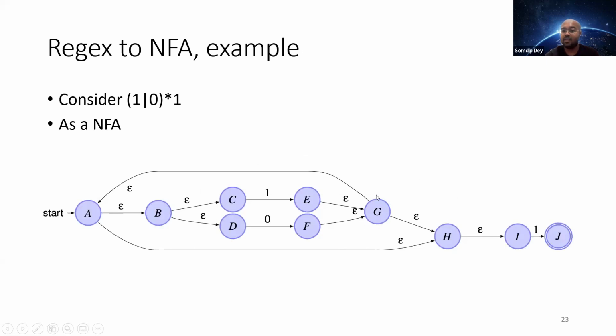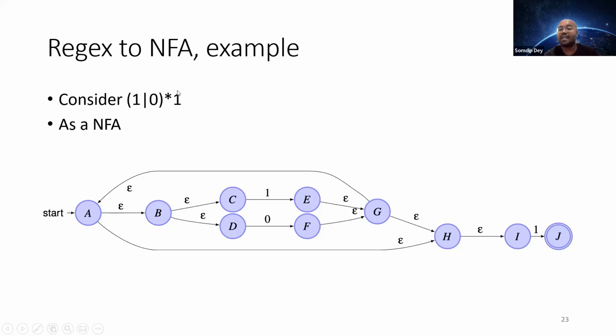So for G, which is the next state after 1 or 0, we are recurring back using an epsilon move. And then finally, from the G state, we move to the H state, again providing an epsilon move.